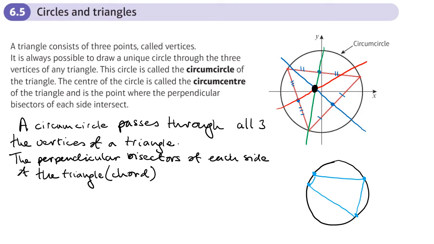The perpendicular bisectors of each side of the triangle, these chords of the circle, pass through the center of the circle. And in fact, you only need two of them really to find the center. You don't need all three. But basically, the center of the circumcircle is where the bisectors of these three chords meet, and these three chords are actually the three sides of the triangle.